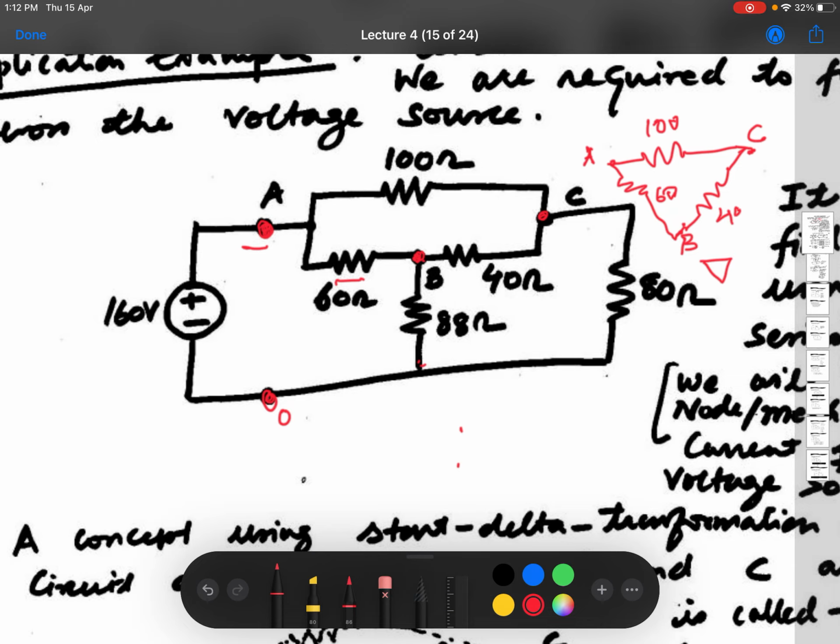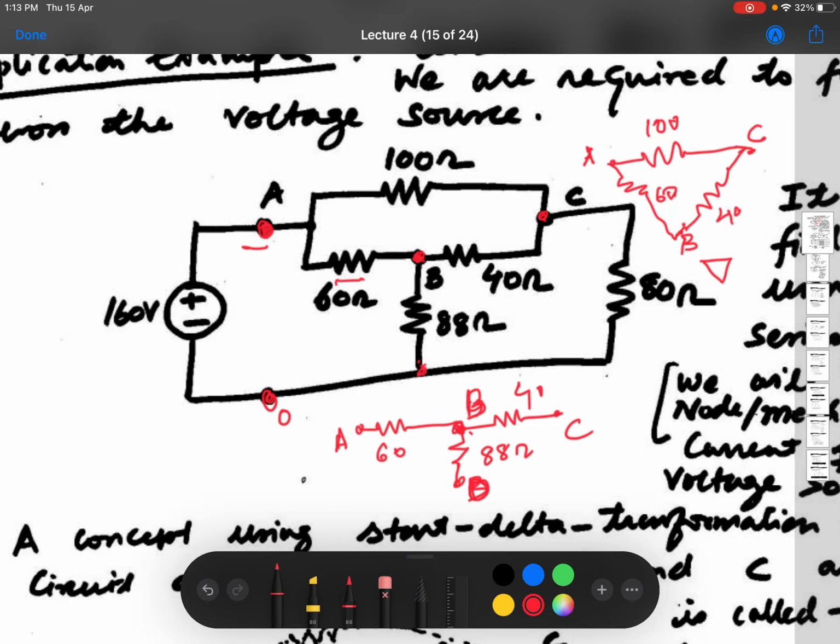Similarly, if I take A, B, C and this O, there is 60 ohm, and from B to O this is 88 ohms and this is 40 ohms.